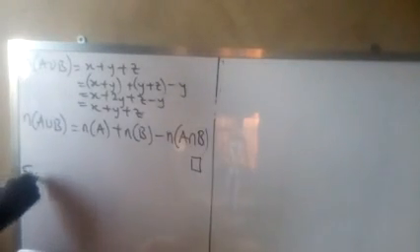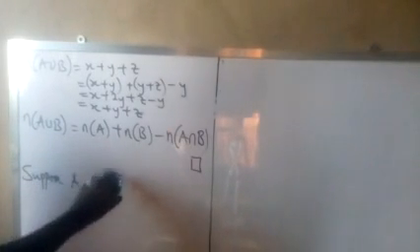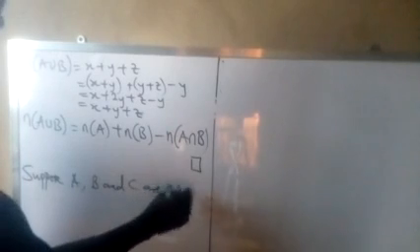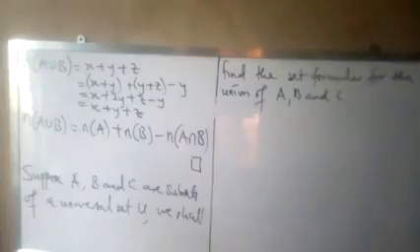Suppose A, B, and C are subsets of a universal set U. We shall find the set formula for the union of A, B, and C. How do we go about that?